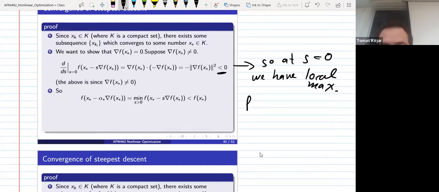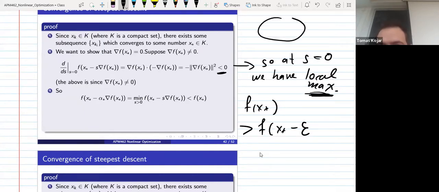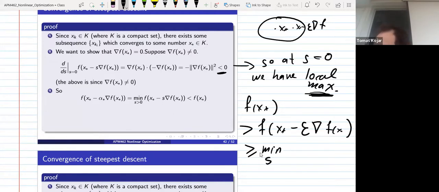It tells you that f of x star is bigger than some little perturbation, a local max in a neighborhood. And we know that this is bigger than the min over all possible jumps.